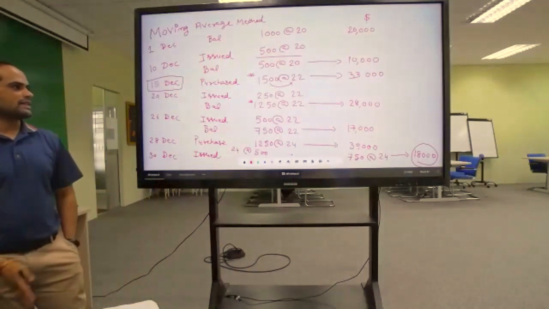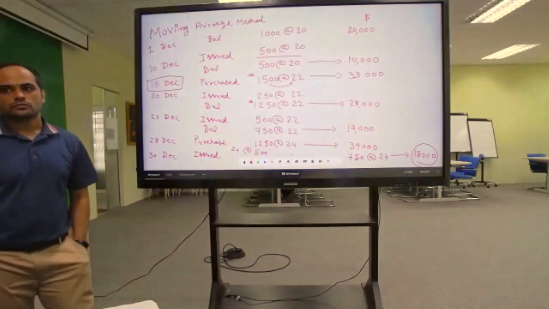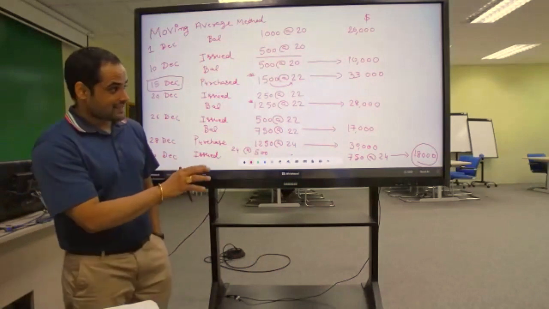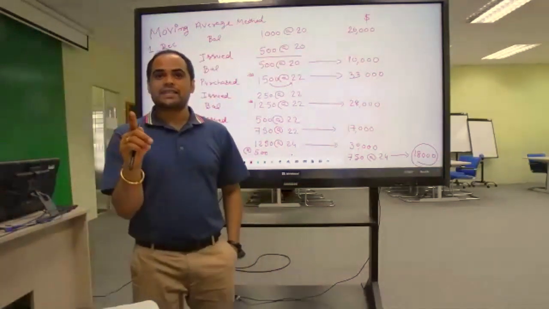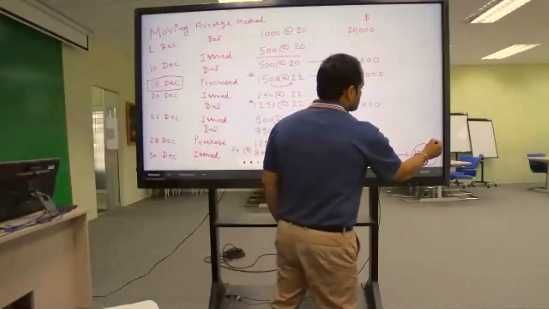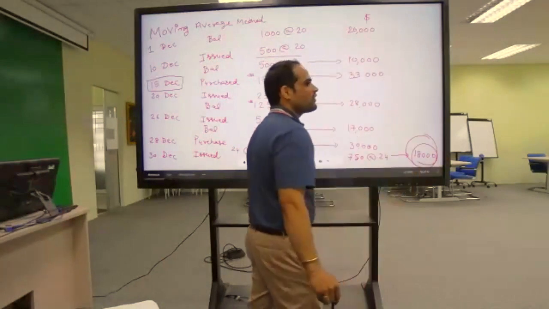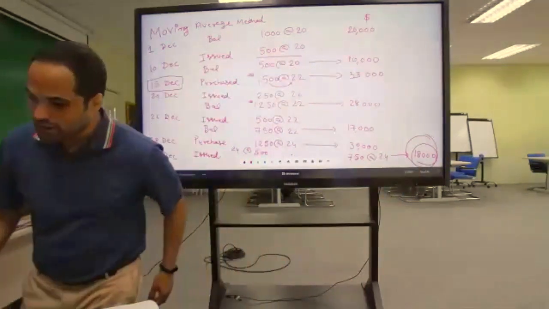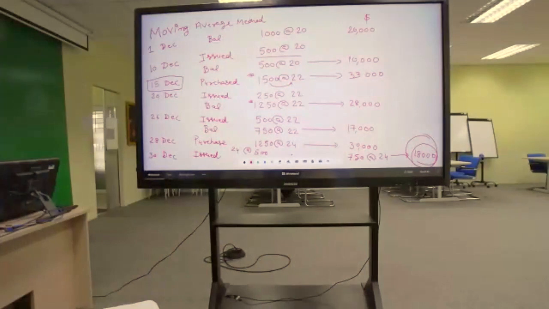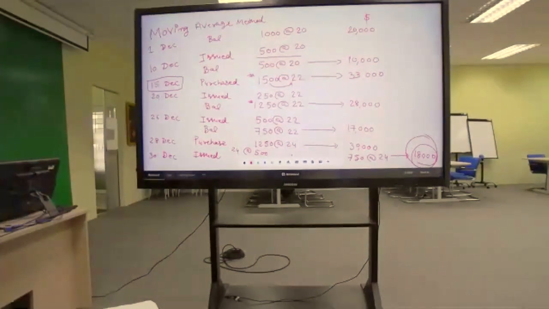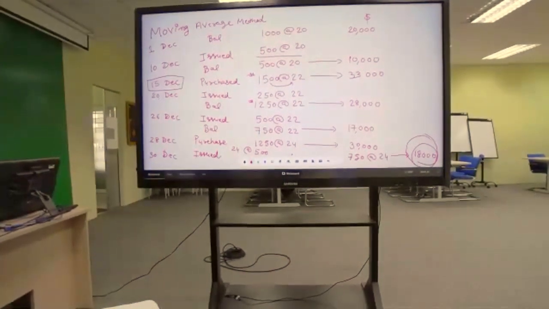So it's my mistake. But as a result, this is your main answer, because the purpose of LIFO, FIFO, and moving average method is to calculate the value of inventory at the end of the period.